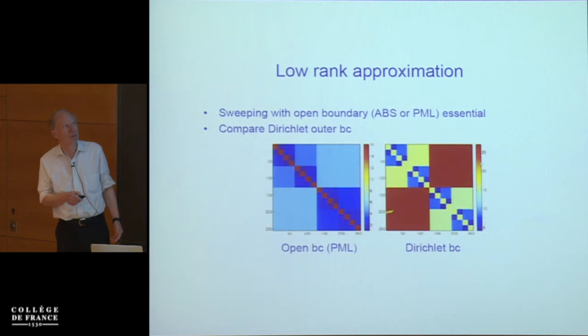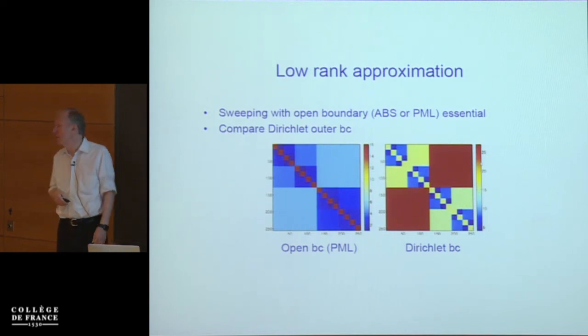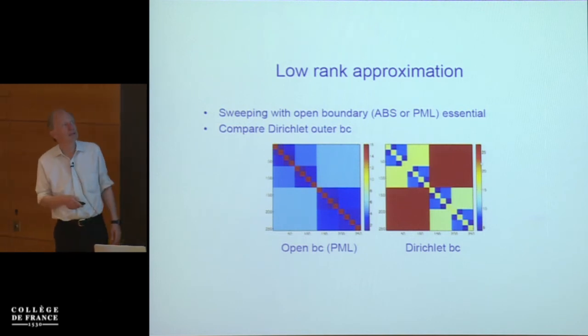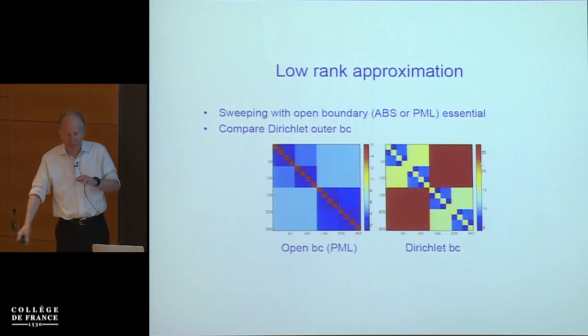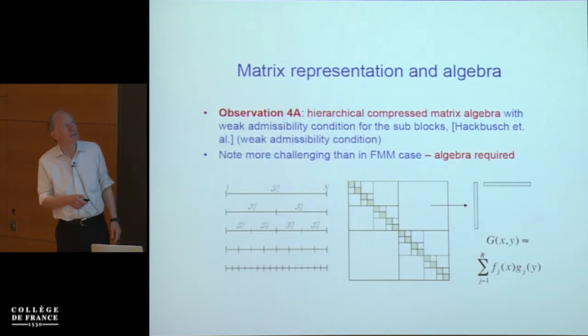This is a 1D problem, so in 2D the matrix looks like the domain, and there you have a large number of singular values different from 0. If you use open or PML boundary conditions, you have lower rank. You need that part for it to be a half-space Green's function, otherwise the connectivity is not there. That is also proved by the same techniques as in the earlier setting.